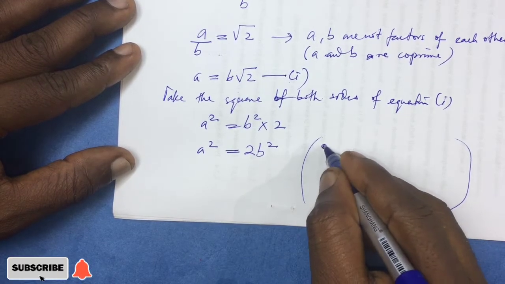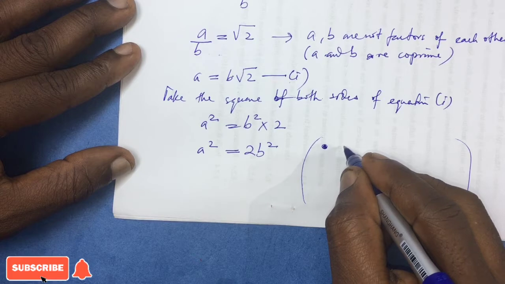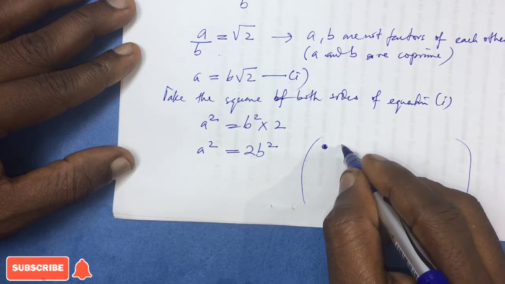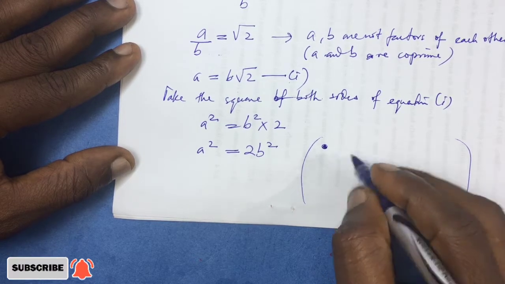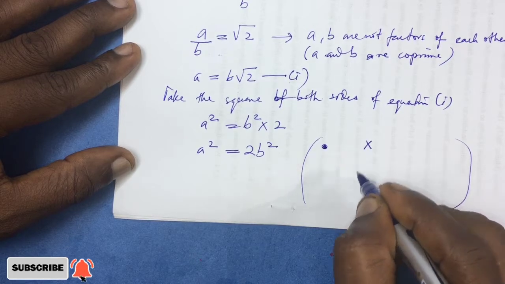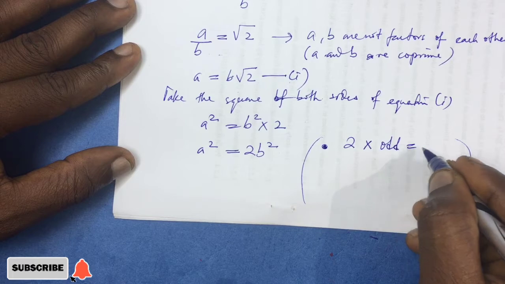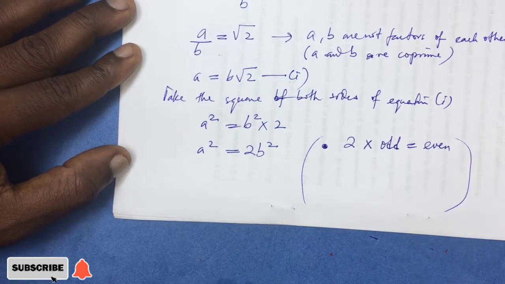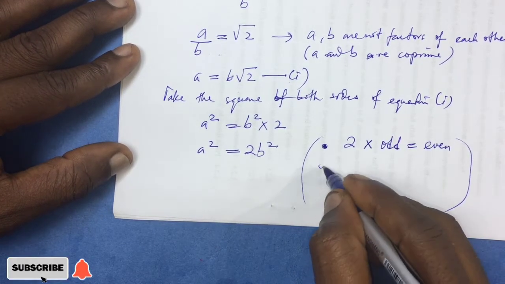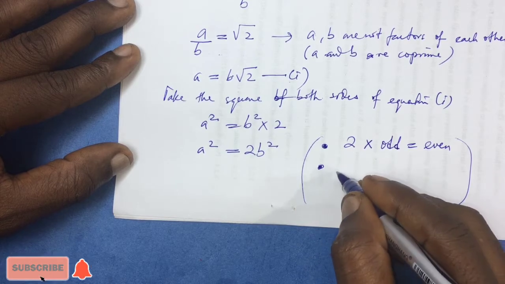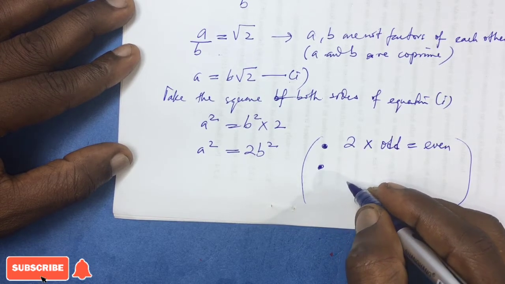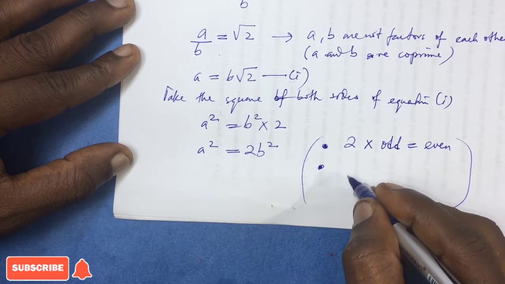Point number one is this. Whenever you multiply an odd number by 2, so 2 times an odd number will give you an even number. Please take note of that. Number 2, if you square an even number, the result will be an even number.